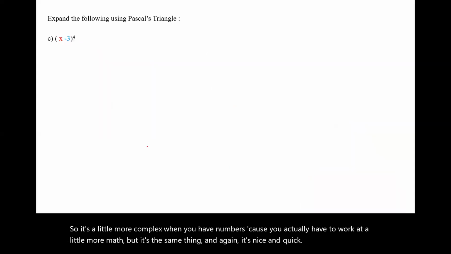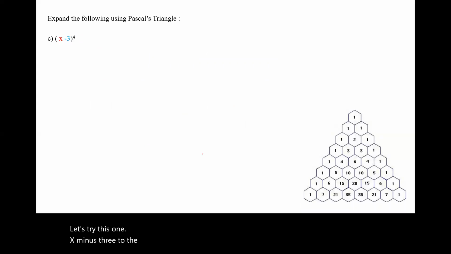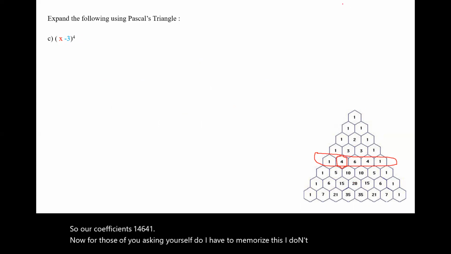Let's try this one. X minus 3 to the 4. Which row of Pascal's triangle? Remember, this is what's going to tell you which row. So our coefficients 1, 4, 6, 4, 1. Now for those of you asking yourself, do I have to memorize this? I don't memorize it, I just remember how to create it.